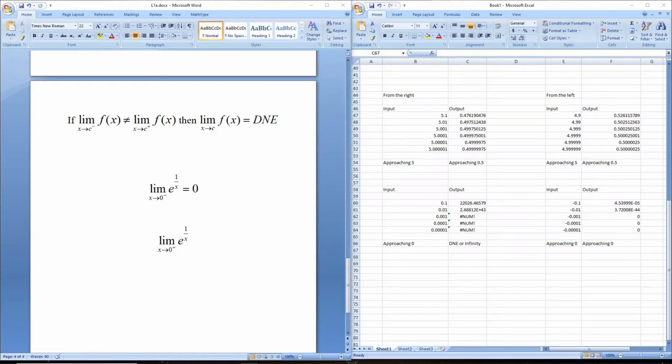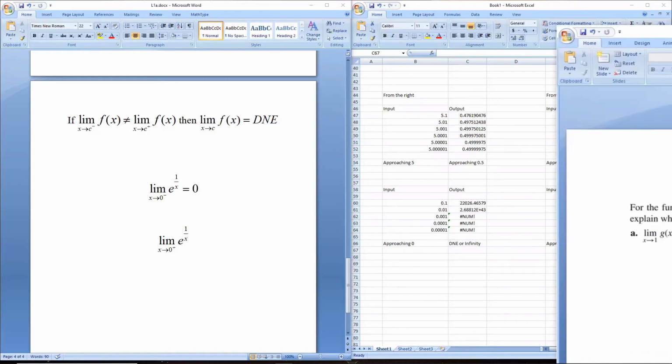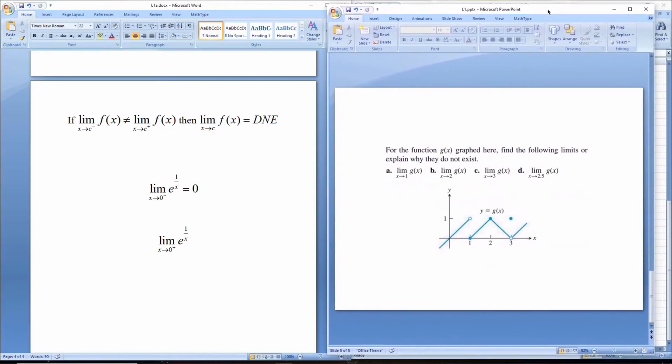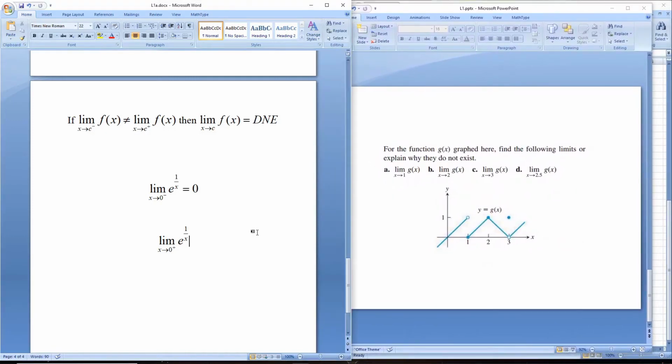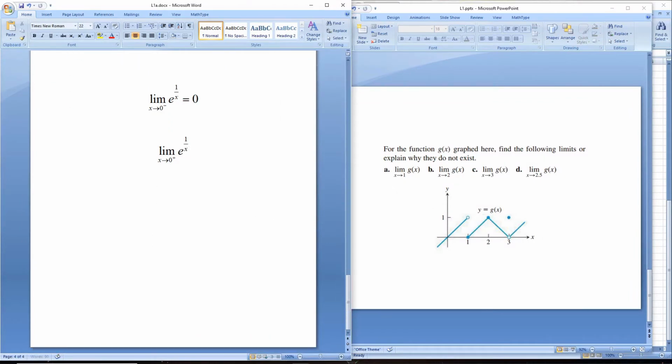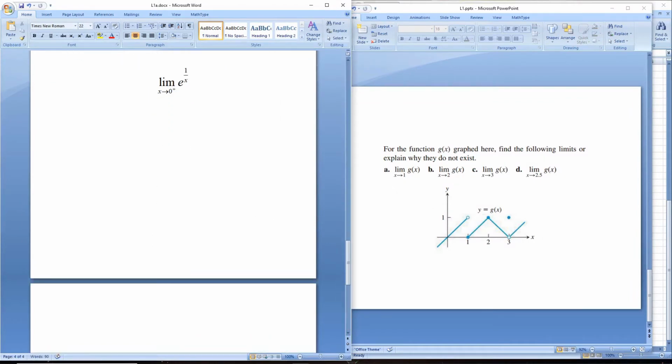So let's check out what this looks like with graphs then. Here's a book problem right from the book. And again, you should check out the e-text through MyMathLab. Now we have a graph. No function is given here, just the graph.